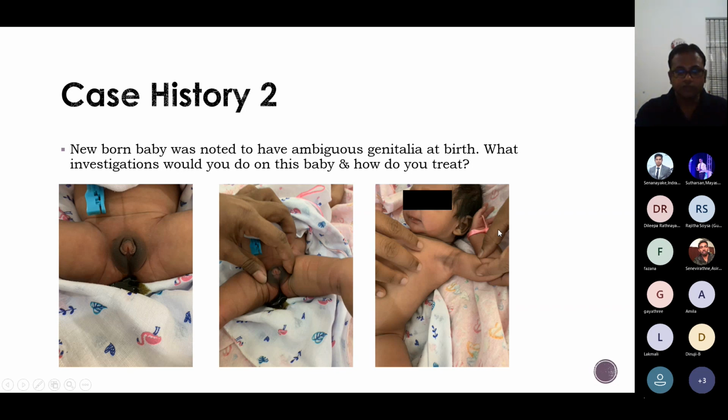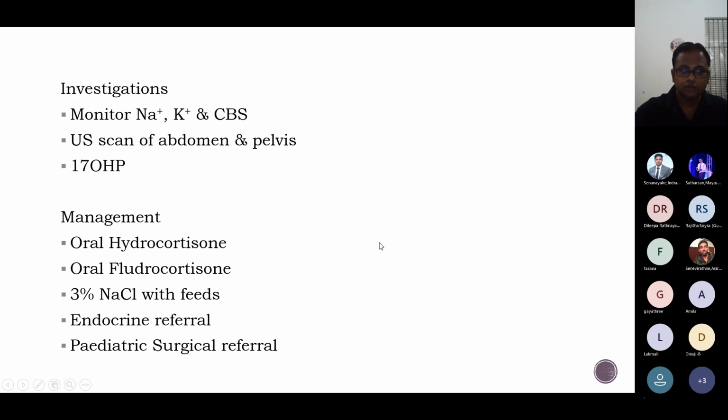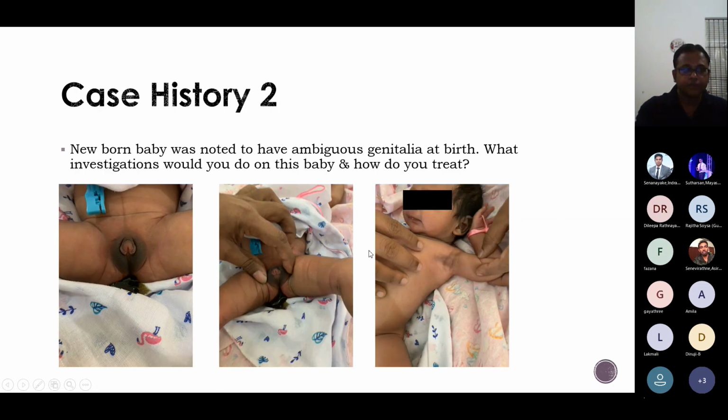Okay, right. So we'll discuss. What are the investigations you are going to do? Here, this child, you can see, has clitoromegaly, and there are labioscrotal folds, and there's no vaginal orifice, and it also has pigmentation at the axilla.